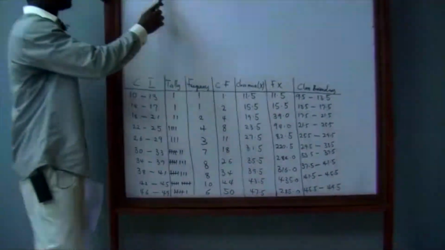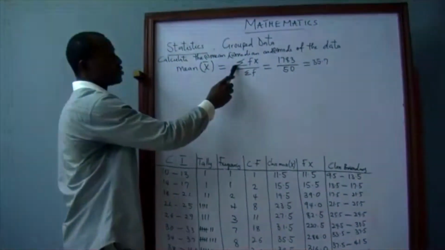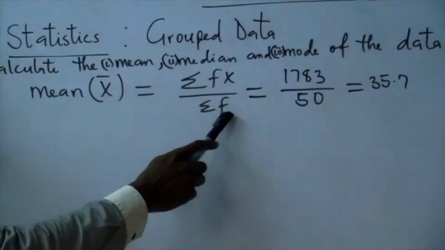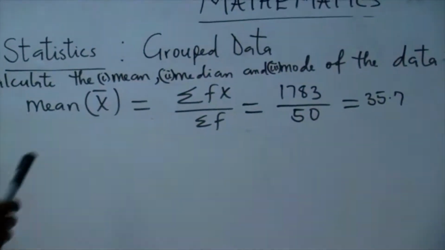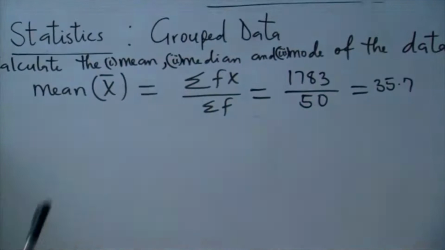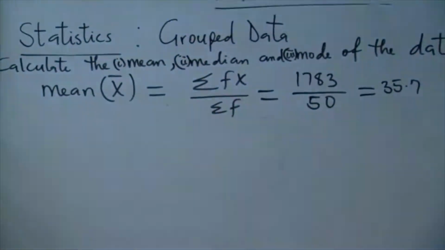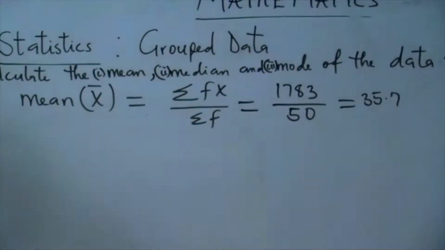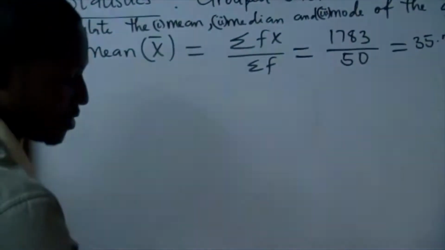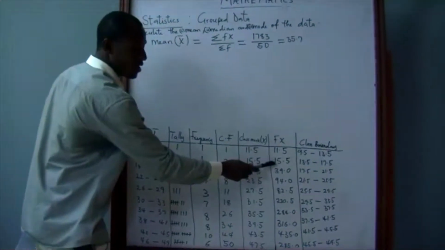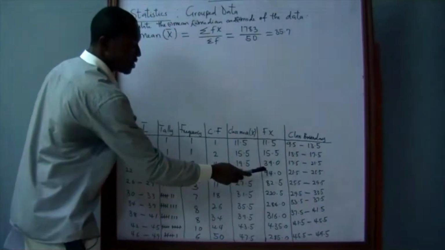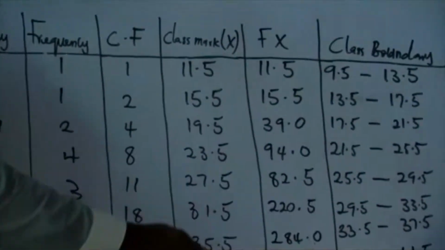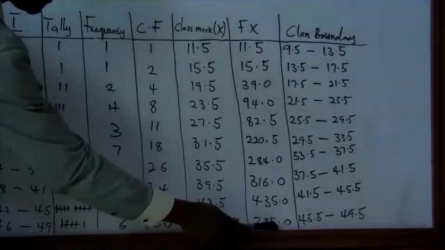Now, back to the formula for mean: summation fx divided by summation f. I remember I was able to explain that this symbol summation means the addition of all the data in that category. So summation fx is the addition of 11.5 plus 15.5 plus 39.0, 94.0, 82.5 up to 285.0.